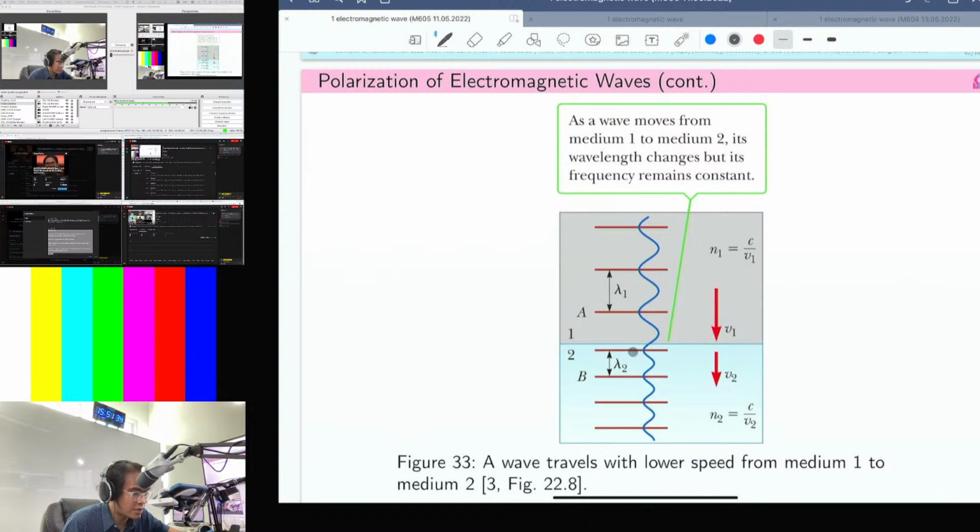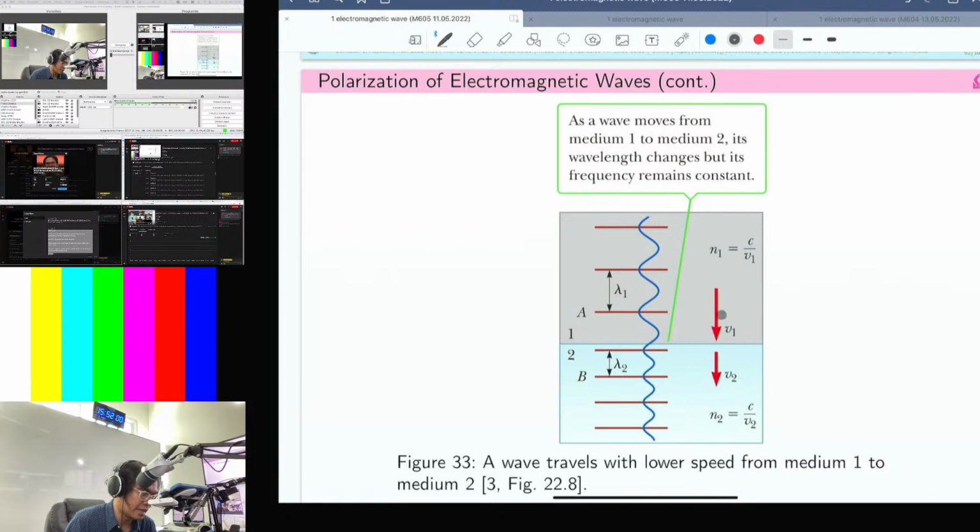You actually have a shorter wavelength, and the speed will also be different, because with V1 you have the ability to go ahead by this length, but here you have less ability to go ahead according to the shorter wavelength, so you will also have lower speed V2.